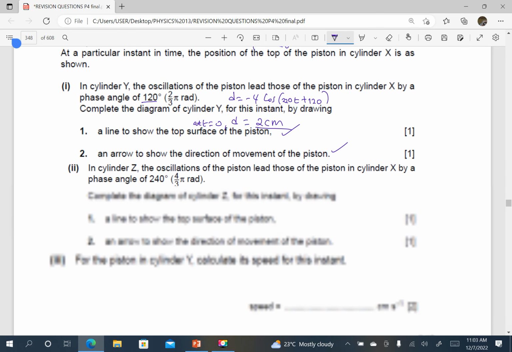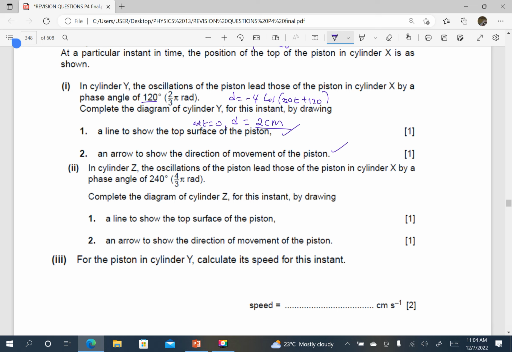Then part 2: in cylinder Z, the oscillations of the piston lead those in cylinder X by 240. Still, we can find the displacement at t equals 0 of Z in comparison with X. So d equals negative 4 cos of 220t plus the phase angle, which is 240, because Z leads X by 240.